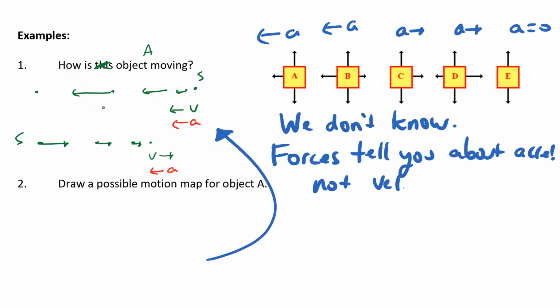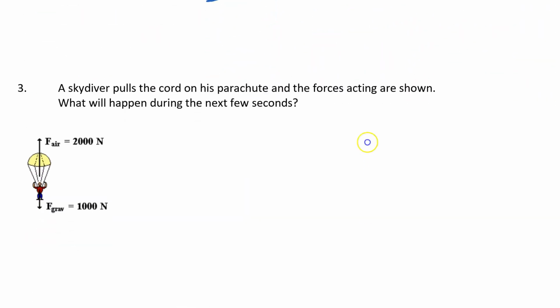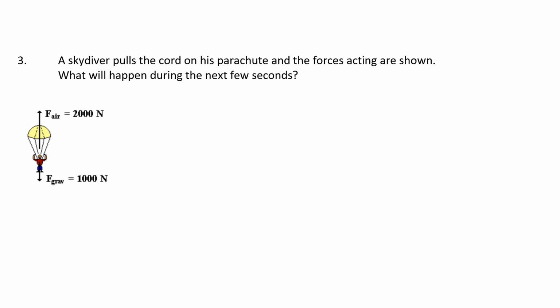Looking at number 3, it says a skydiver pulls the cord on his parachute and the forces acting are shown. What will happen during the next few seconds? Well, is it balanced? No, not really. So in this case, F net is going to be up by 1,000 newtons.